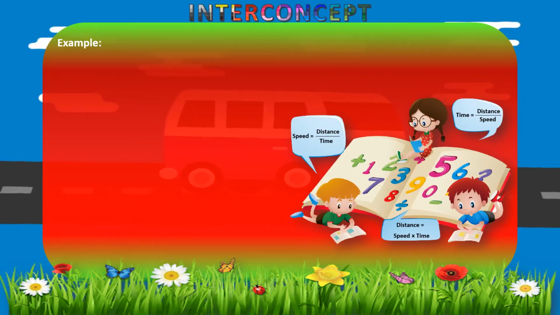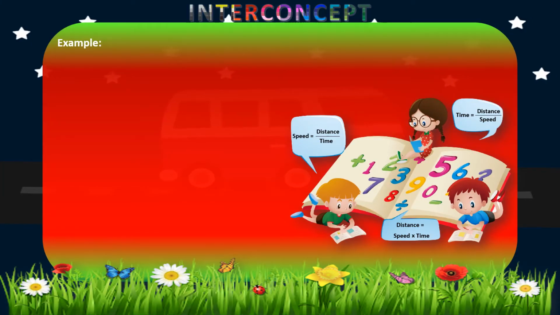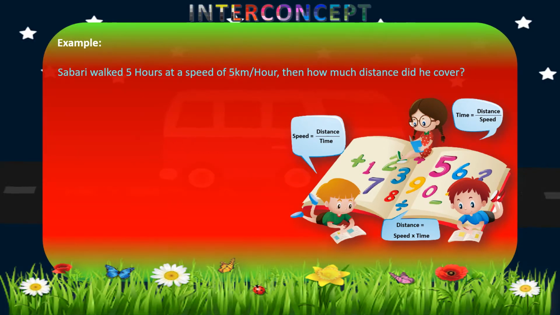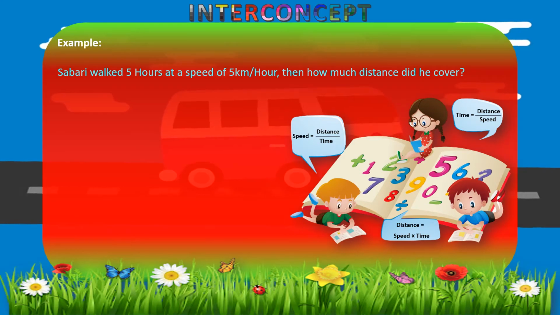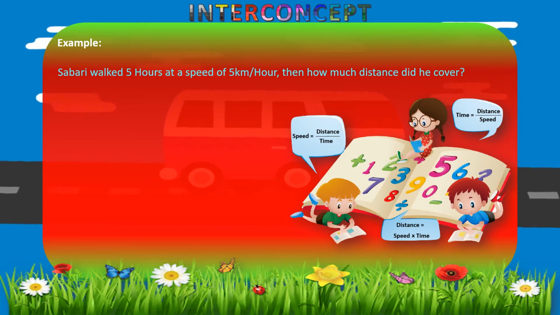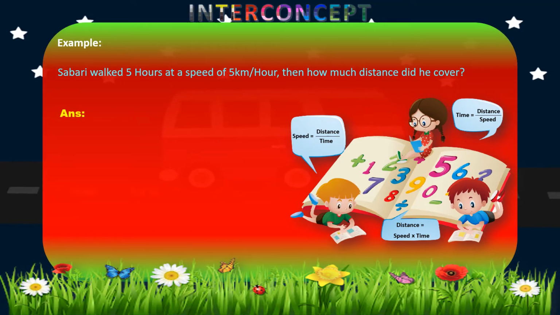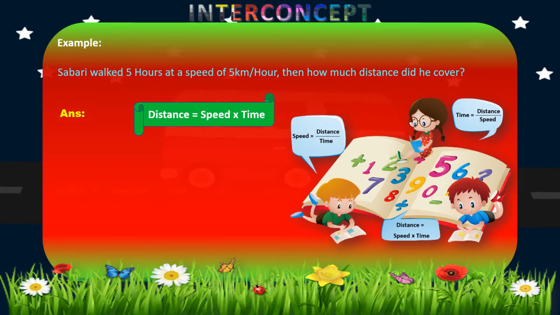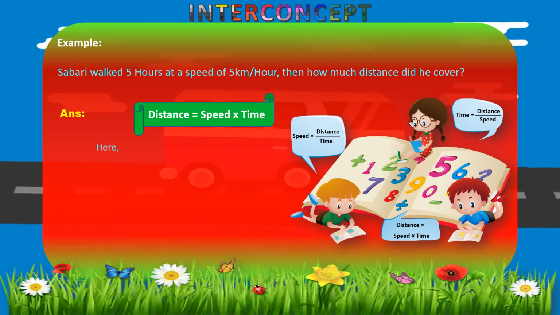Example 2. Find out the distance. Sabari walked 5 hours at a speed of 5 km per hour. Then how much distance did he cover? As we know, distance is equal to speed into time.